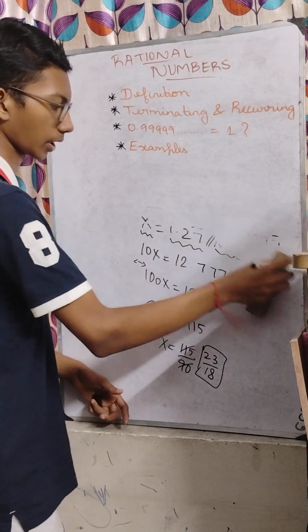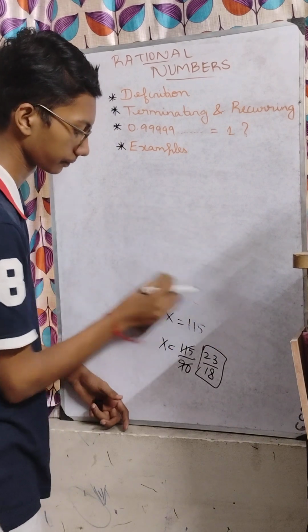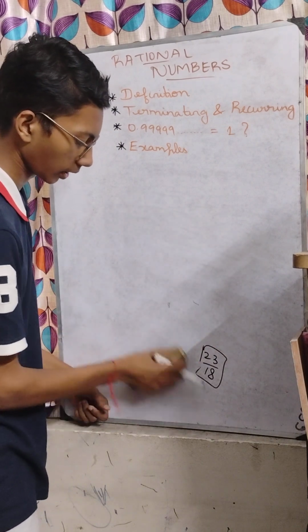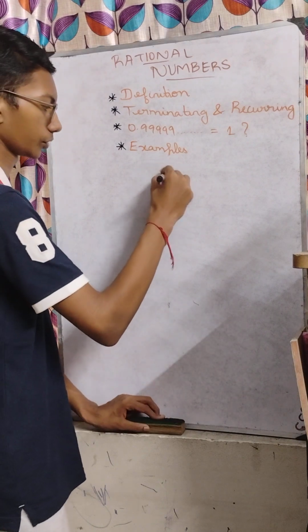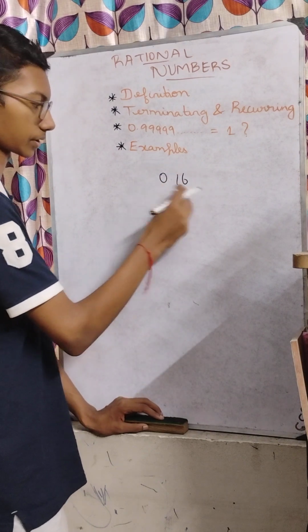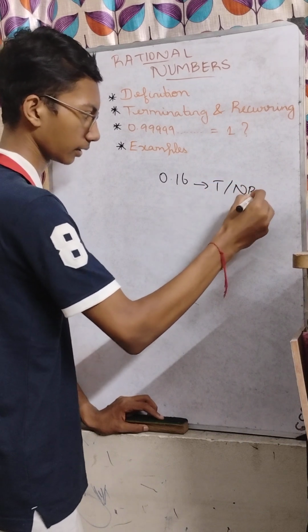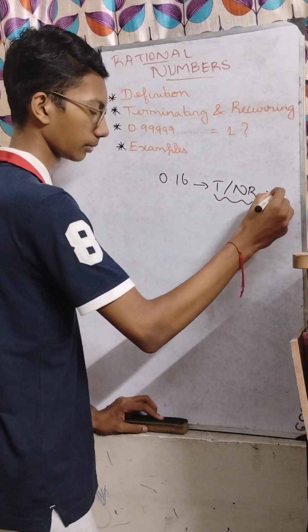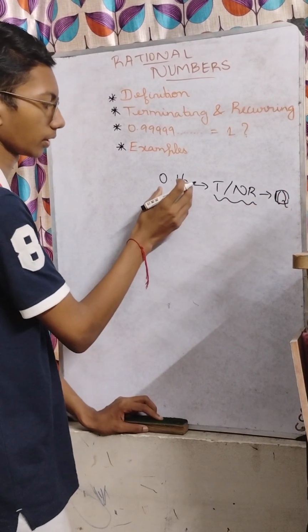Now let's take another example that is terminating. Terminating decimals are easier. Let's say we have 0.16, which is terminating and non-recurring, which means it can also be converted into a rational number. How can we write this?